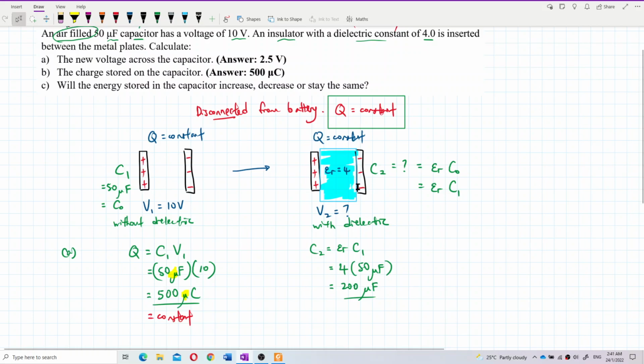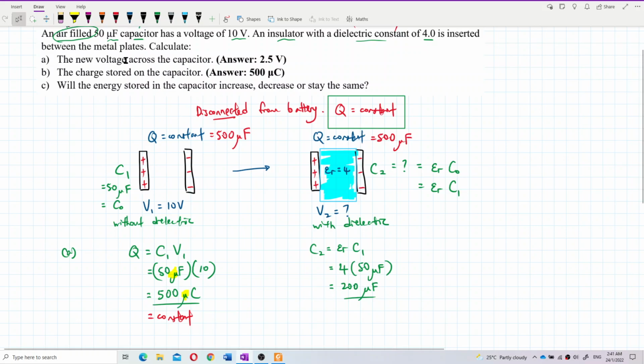The charge is still 500 microcoulomb on the capacitor, initial and final. So I have the capacitance without dielectric, 50, and with dielectric, 200 microfarad, and the charge is also ready.